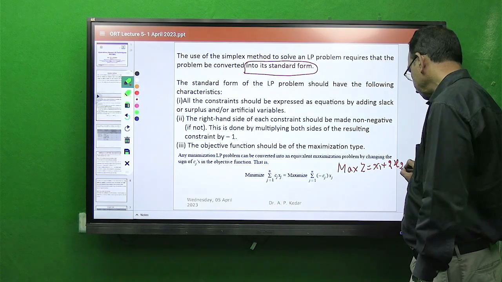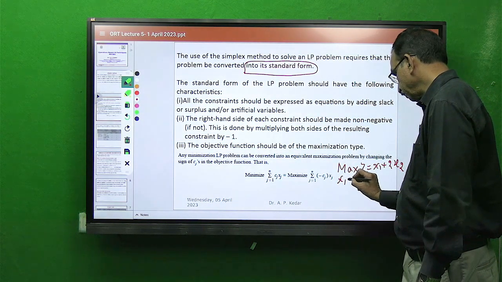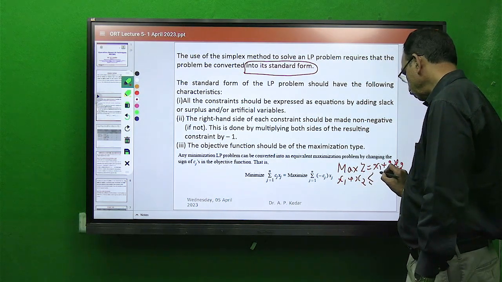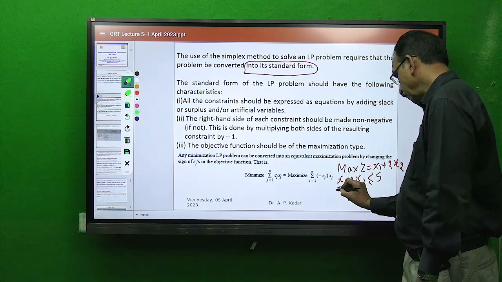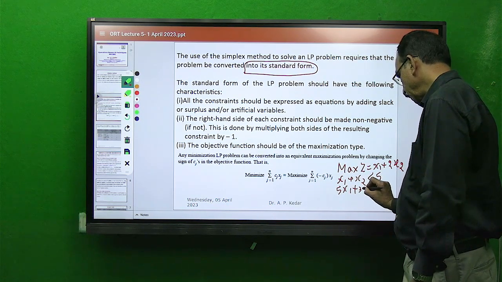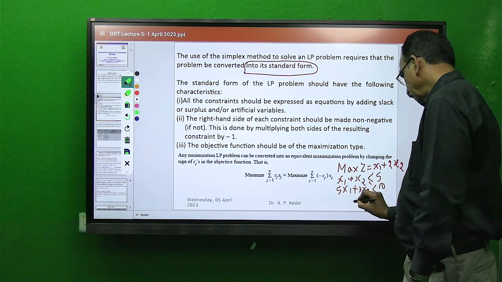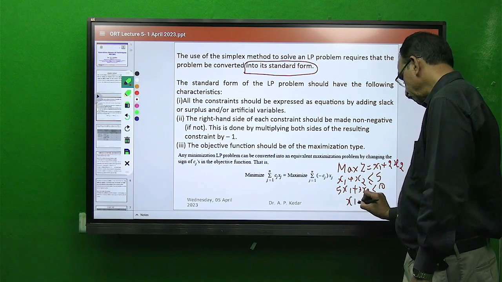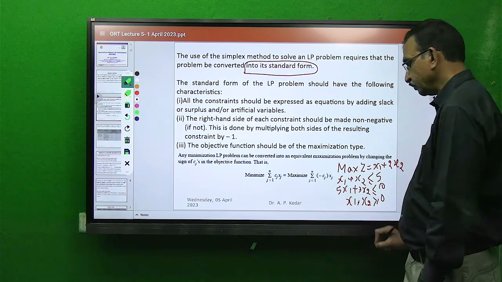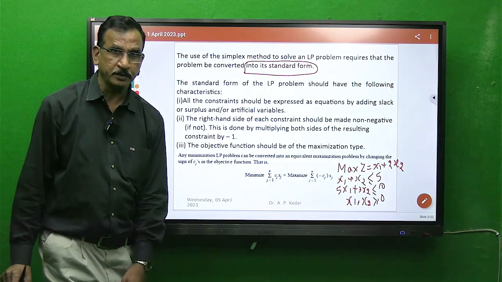For example, I am hypothetically writing x1 plus x2 less than or equal to 5, x1 plus 3x2, suppose, less than or equal to 10, and x1, x2 greater than or equal to 0. Focus your attention now on what I have written.